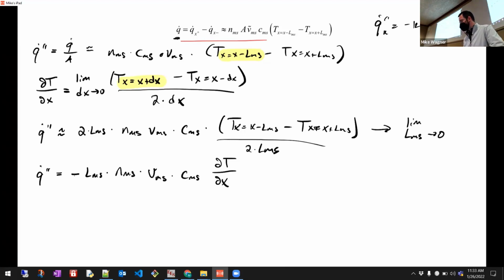Except, what are we saying? We're saying this out here is basically our conductivity. This is basically our material's conductivity. And if you think about it, it actually kind of makes sense, right? You have a microscale length, the number of microscale energy carriers, the velocity, and the specific heat capacity.